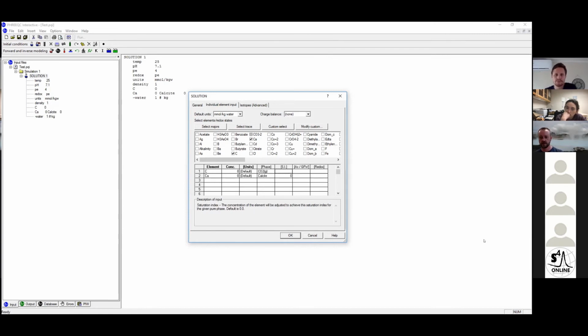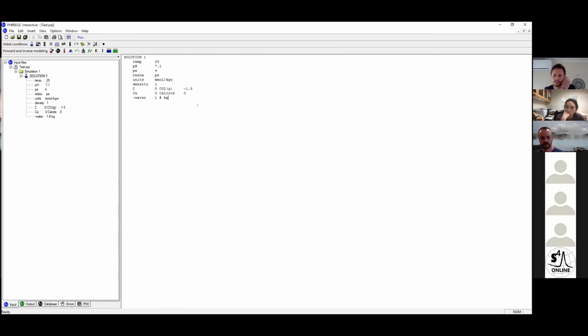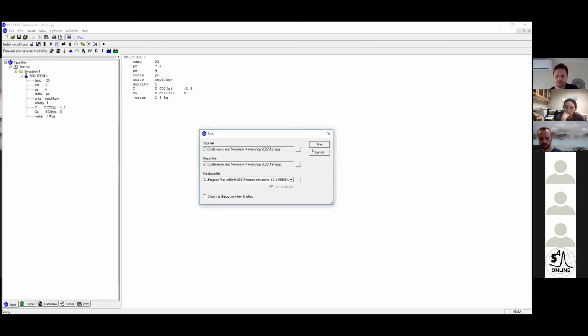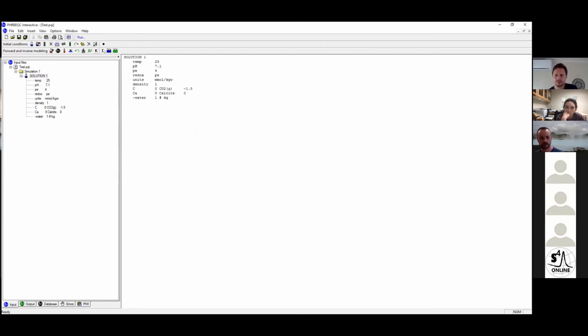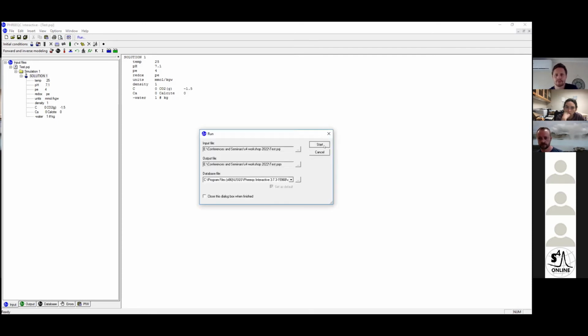And then in here, I'm going to go minus 1.5, which is a relatively high value, sort of percent level CO2. Okay? Let's see, firstly, if it runs. Just save it quickly. Okay.